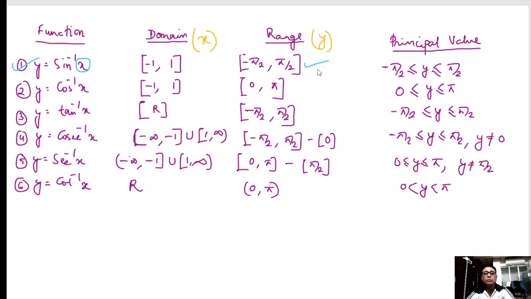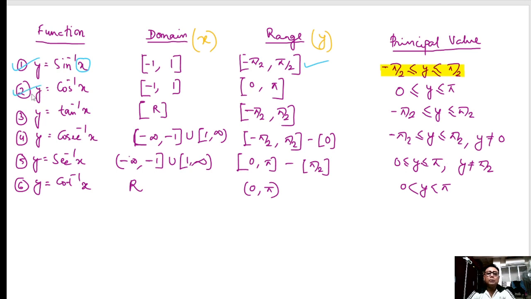You have to note these things. You have to note the principal value of y will be from -π/2 to π/2. Please keep a note of this. That means outside this you cannot get anything.